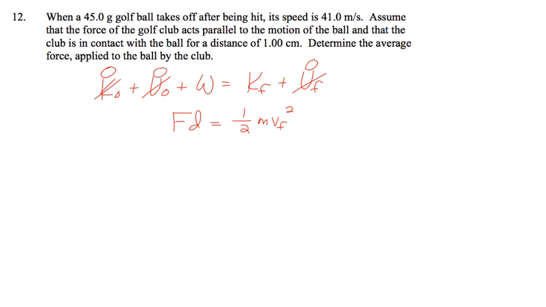Now, I know I say multiply through by 2, but I'm hoping that most of you can figure out that the right side is the same thing as mvf squared over 2.